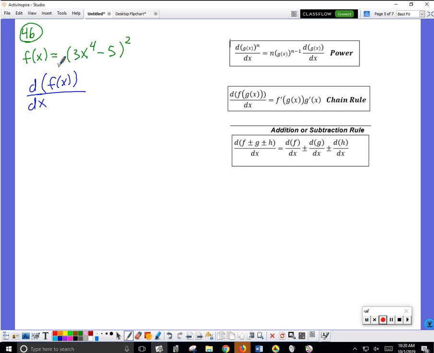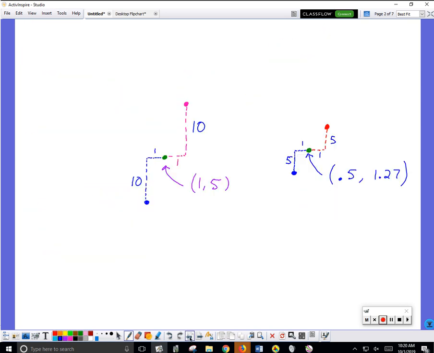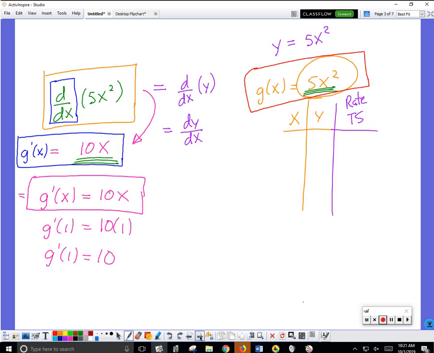It's this picture again. We pretend we can zoom in so close that we can see from these 2 points the change in x is 1, but the change in y is 10. And that's why the rate or tangent slope is 10. This symbol represents exactly the same thing.